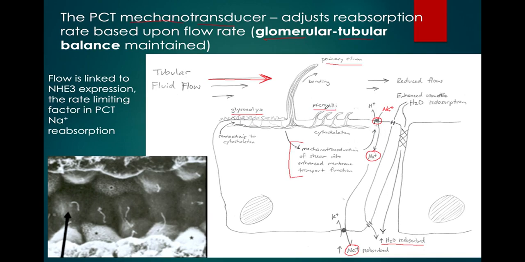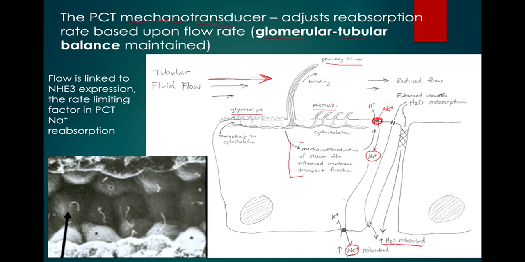And that's how it's done, converting the force of the flow rate into a signal, right? Over here where we change the expression of a specific transport protein and enhance our sodium and water reabsorption, right? Because remember, if GFR went up, we were filtering more sodium and water, which means we need to reabsorb more sodium and water.